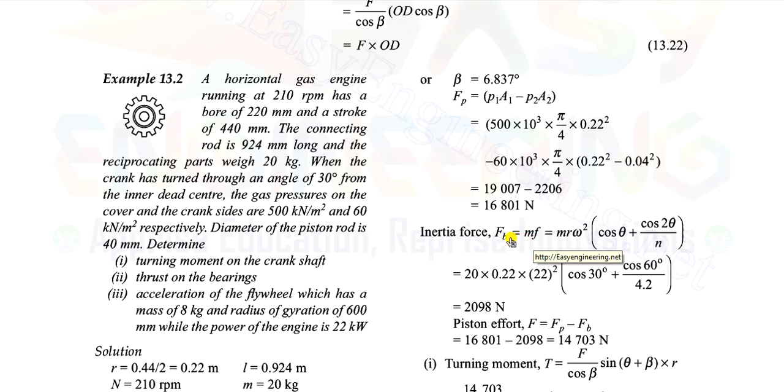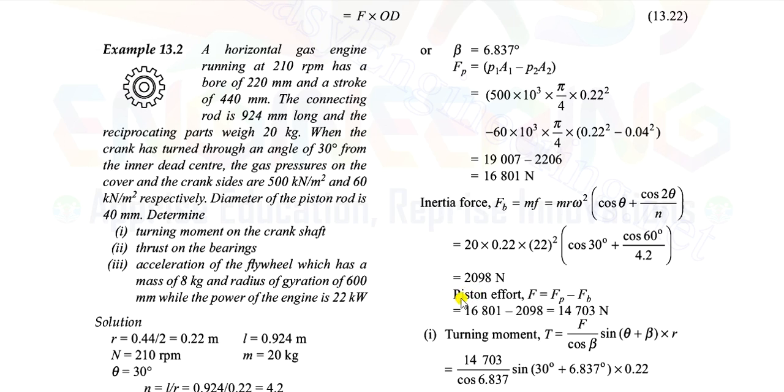Now inertia force we can calculate by F is equal to m into acceleration. You know the acceleration formula, and once you put all the values you will get FB. So net effort will be FP minus FB, means net pressure force minus inertia force. Why? Because the given engine is horizontal.